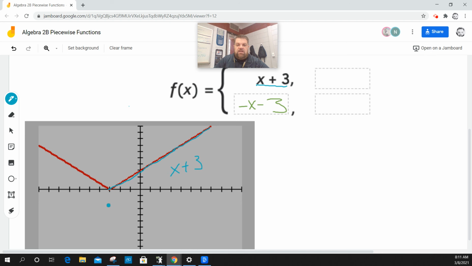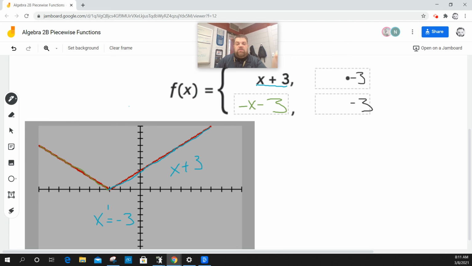Well, the boundary here is x equals -3, because that's where we're switching. That's where our piecewise functions come together. And the negative part of that expression is this part right here. So my domain restrictions are going to be at -3. That's when I'm going to flip from one to the other.